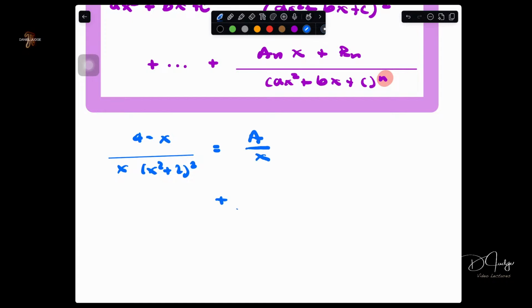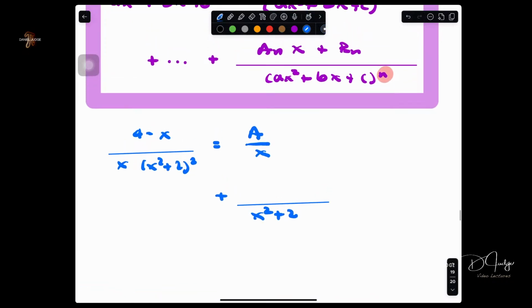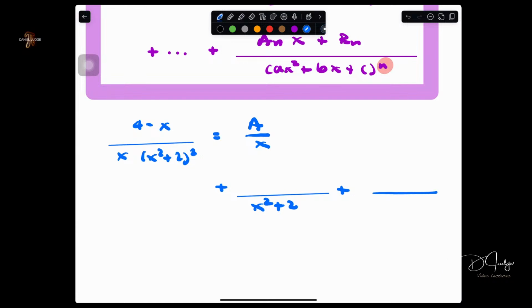For the quadratic term, again, we start with the quadratic factor to the first power, but you end with the quadratic factor to the second power. And don't forget, this is Bx plus C, and then Dx plus E.